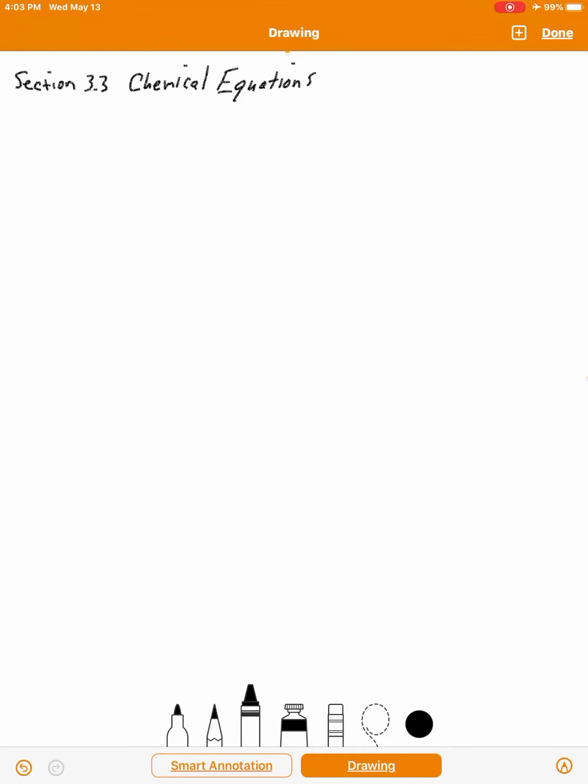So let me take an example of a chemical equation that we can balance. Okay? So let's try an example of a combustion reaction.